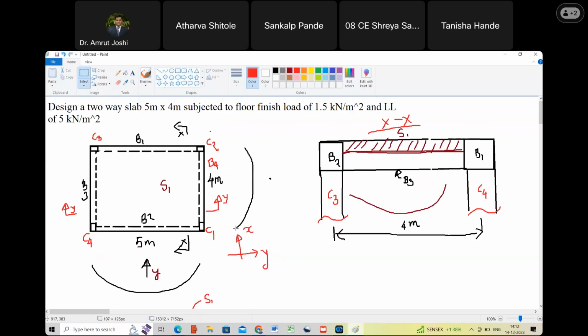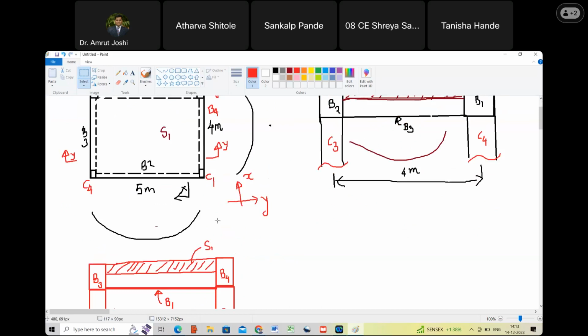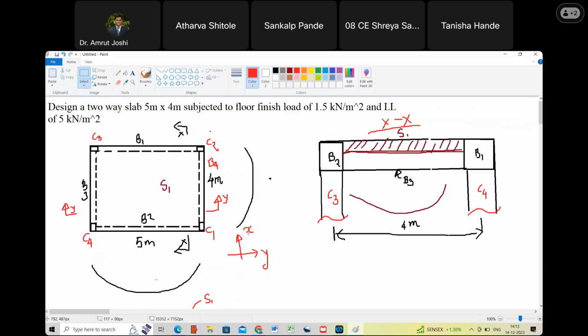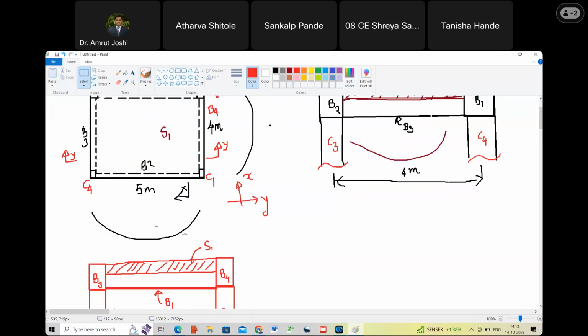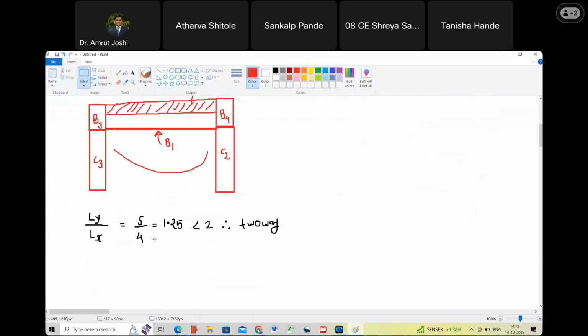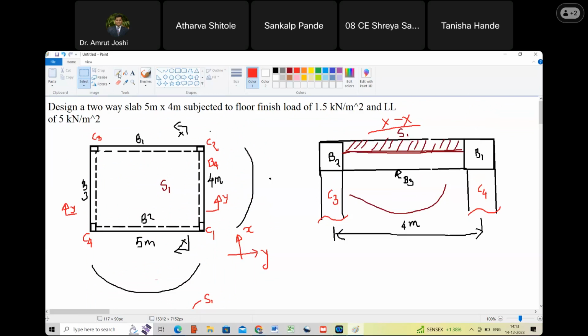Yes, sir. So the shorter span, shorter direction, I'm going to call it as X. Longer direction, I'm going to call it as Y. So you can imagine that this slab is going to bend in XZ plane as well as in YZ plane. Are you with me? Yes, sir. And I have to design this slab for bending about both the planes. So how do I do that? So for that I need to calculate the bending moments, isn't it?